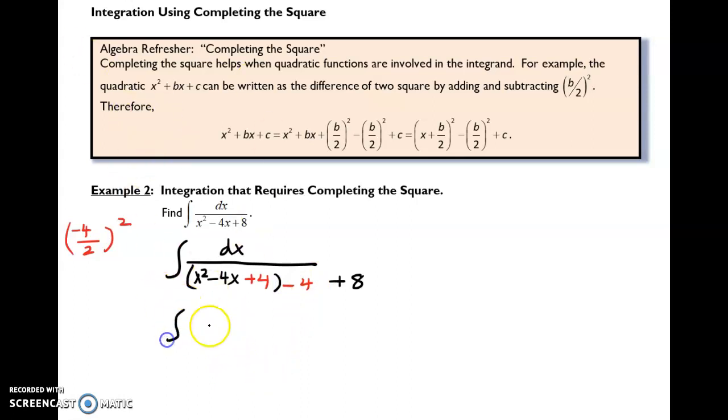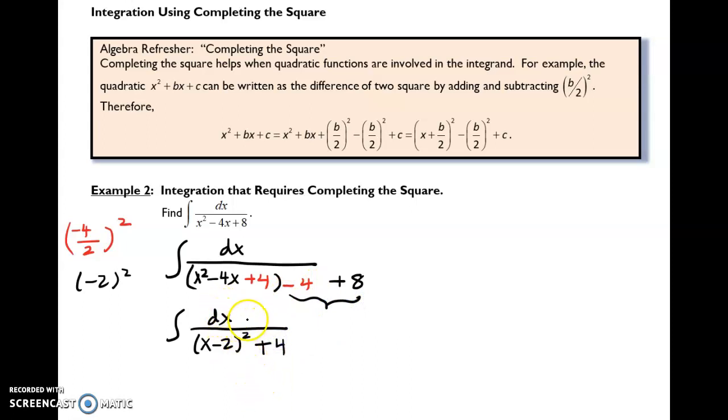What this gives me then, x squared minus 4x plus 4, is x minus 2 squared. It's x plus your b over 2, right? This is your formula, b over 2. So whatever you got here, the negative 2 squared, that's where this minus 2 comes from. Now I still have the minus 4 plus 8. I can combine those to give me plus 4.